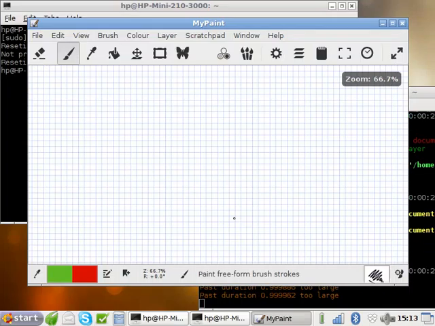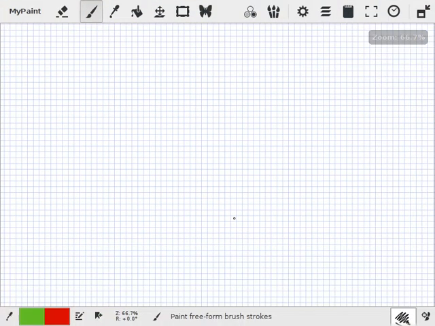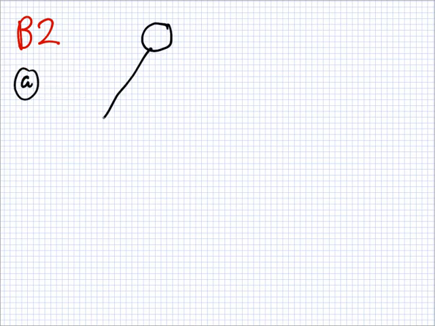So let's do the A part. It's actually quite nice. For the A part here, what you have is the bucket, and the bucket is being spun around.